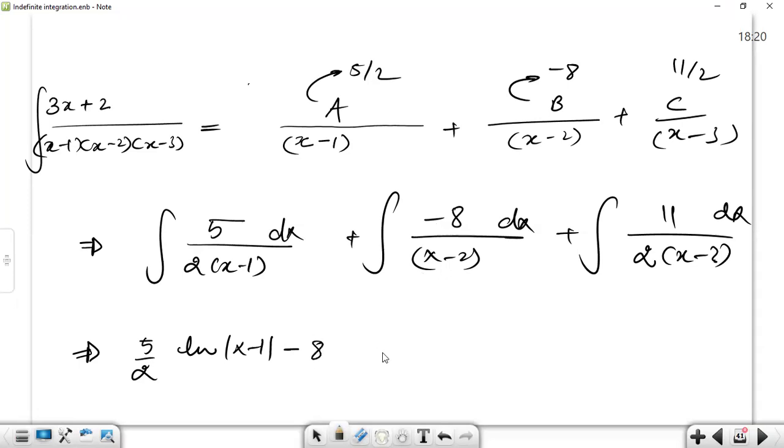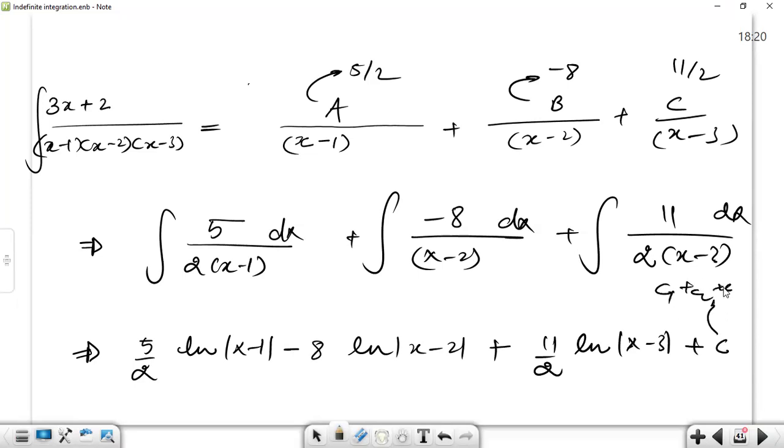Minus 8 outside, logarithm x minus 2 plus 11 by 2 logarithm x minus 3 plus constant, which is like from C1 plus C2 plus C3, which was the constant of all these three integrations. So now this becomes our answer. Okay.